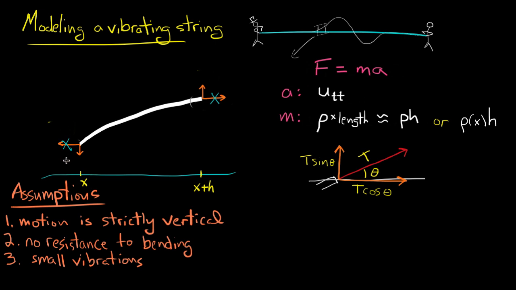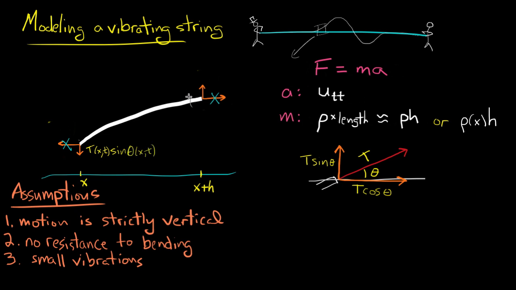Okay, so what are the vertical parts? Well, over here, this one is at the point x, and the magnitude of the tension vector was T of x,t, and the vertical part must then be multiplied by the sine of theta. But now theta is varying from point to point, so let's write theta of x,t to be precise.